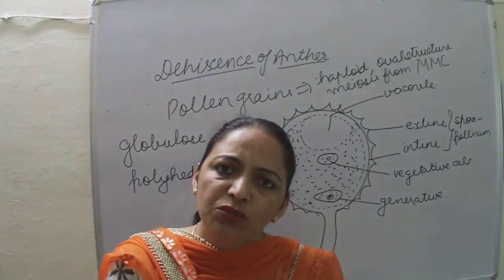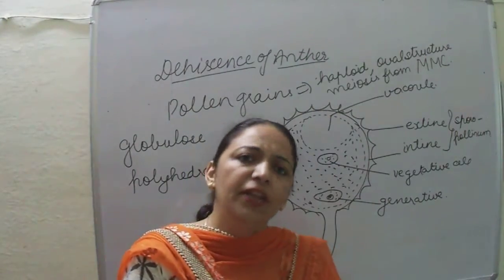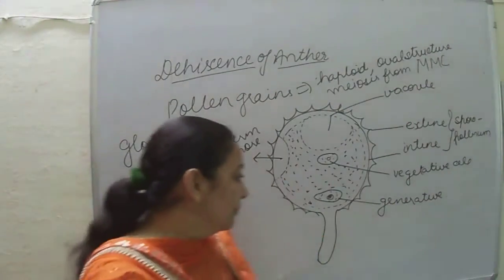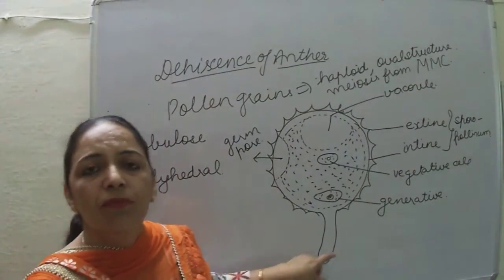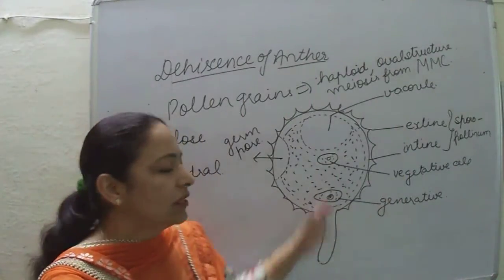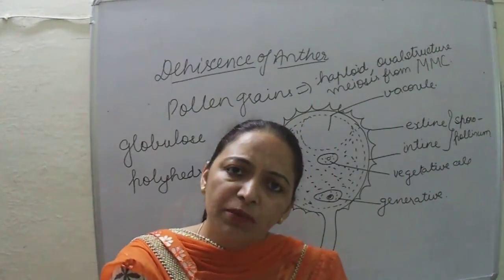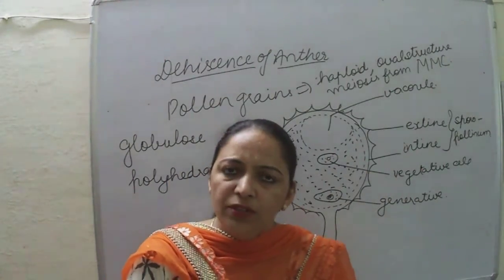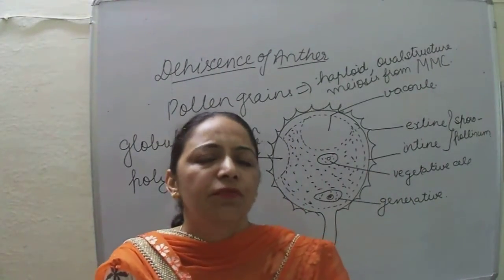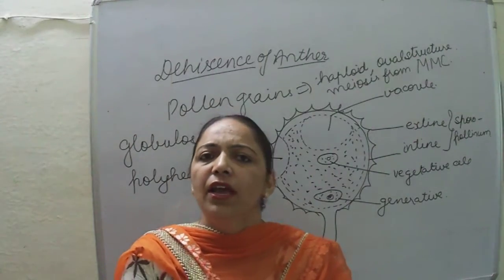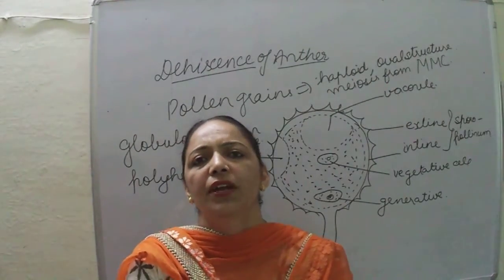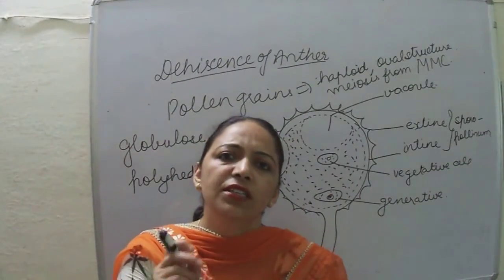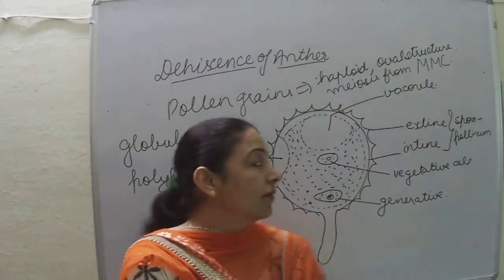As soon as it reaches the ovary, it enters the ovule and ruptures. When it ruptures, the nucleus from the pollen grain moves inside the female ovule, where the nucleus of the female and the male gametophyte fuse with each other and form the zygote. This results in fertilization.